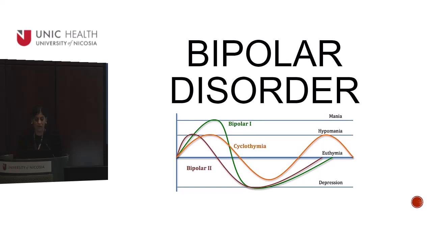And cyclothymic disorder, sometimes considered a mild form of bipolar disorder, involves periods of depressive and hypomanic-like symptoms that do not fully meet the criteria for a major depressive episode or a hypomanic episode.